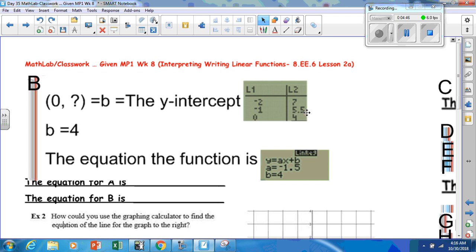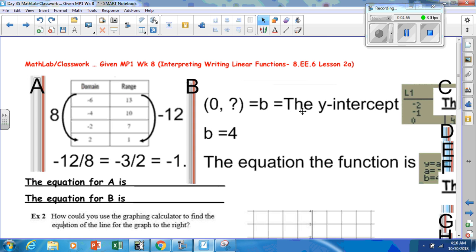So add 1 to negative 2, I get negative 1. Add 1 to negative 1, I get 0.